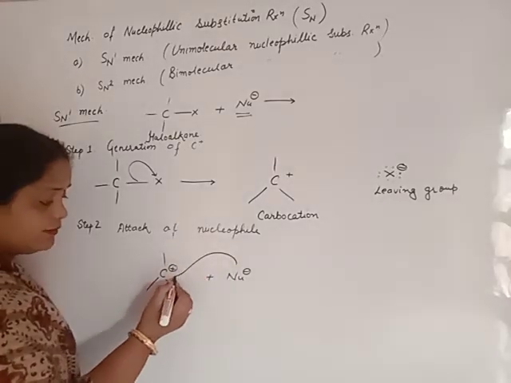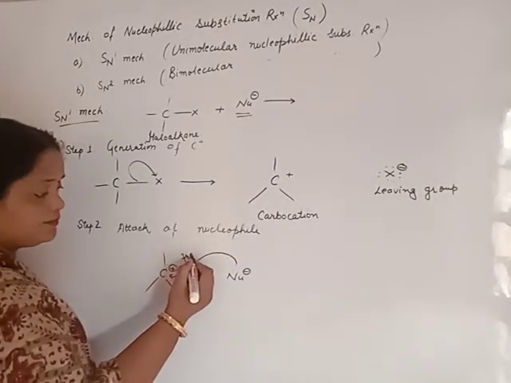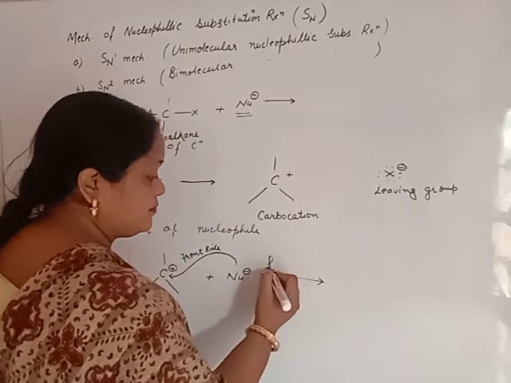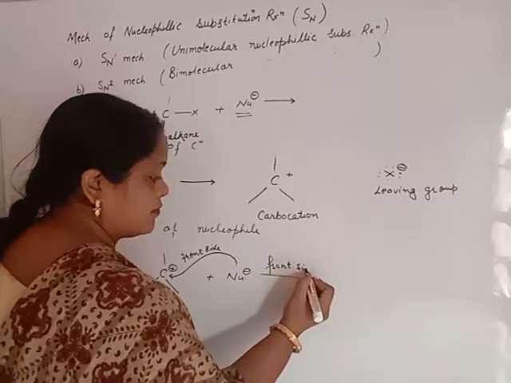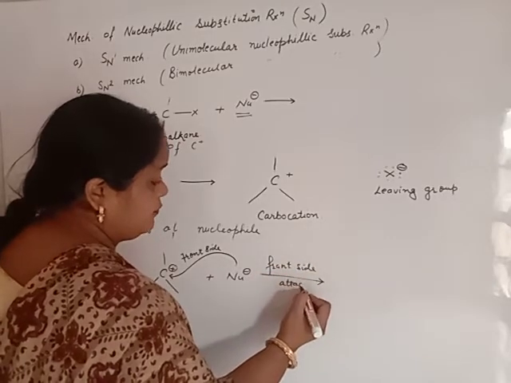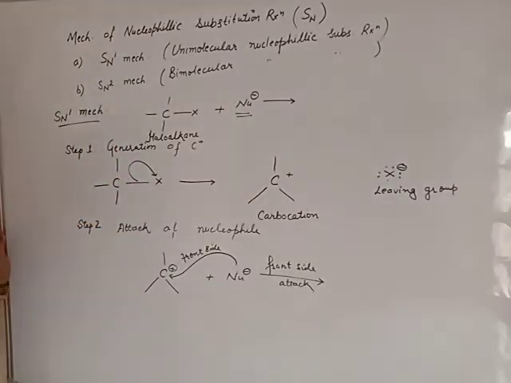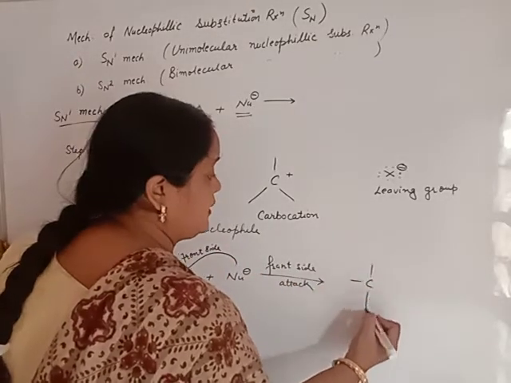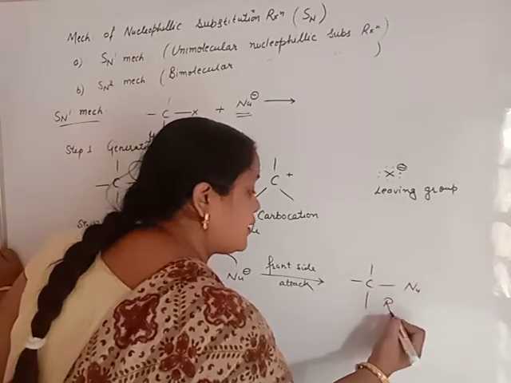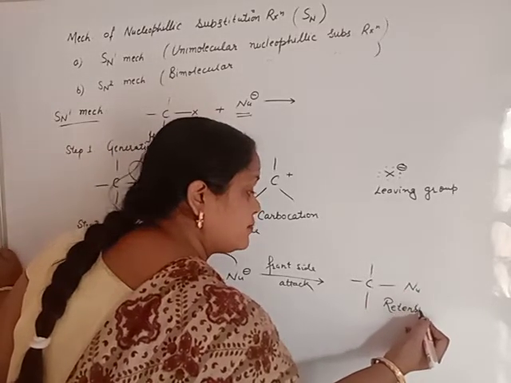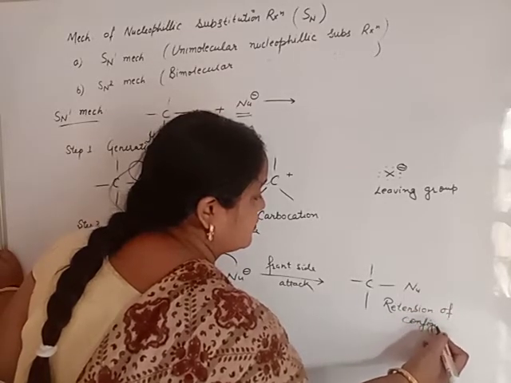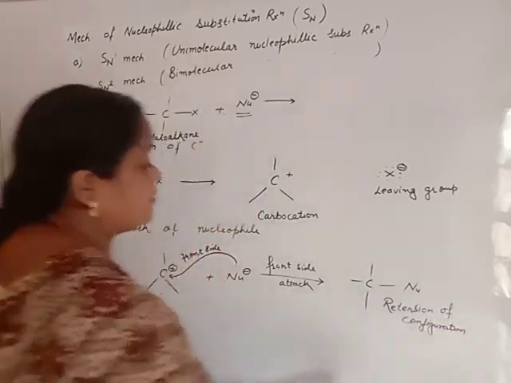If nucleophile attacks from front side, nucleophile combines with carbocation at the same position as that of halogen. Front side attack gives retention of configuration, because geometry remains the same.